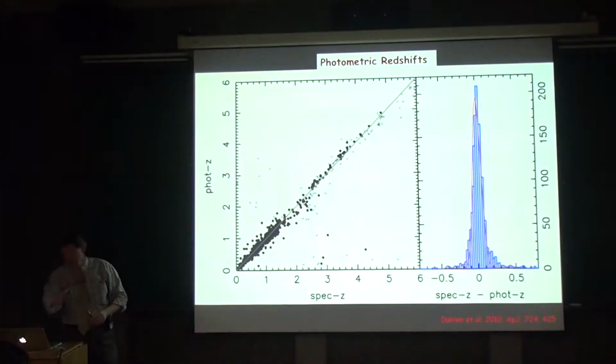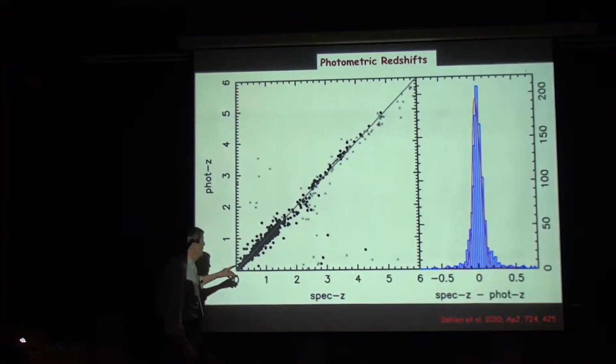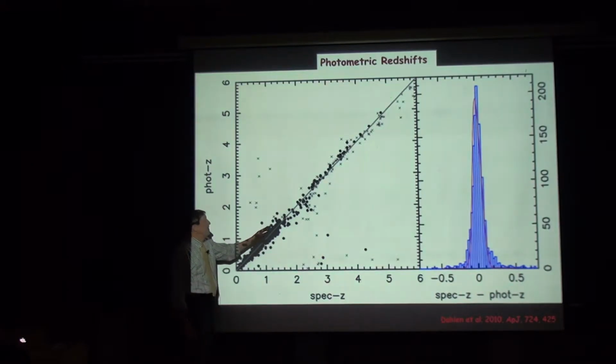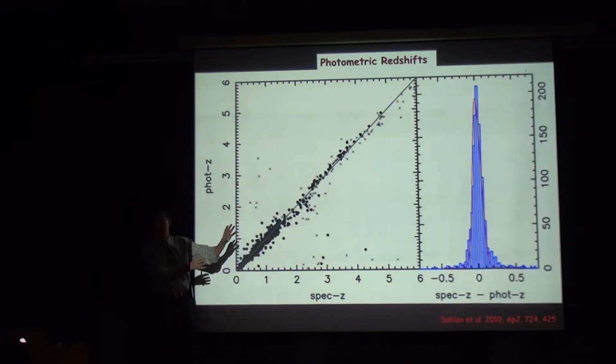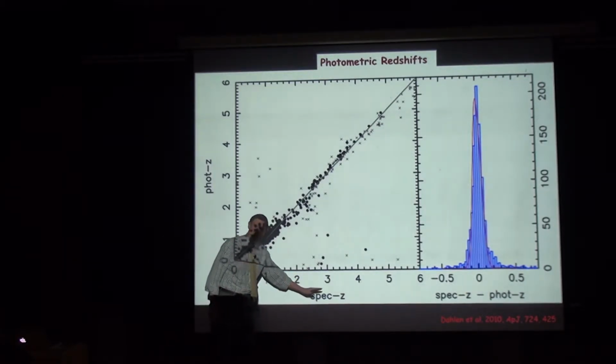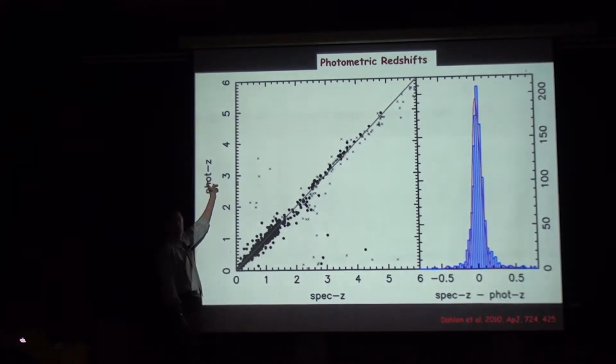And what is amazing is that if you do this, and you actually get spectra for a subset of these things, you find a very good correlation between the actual spectroscopic redshift, by getting the spectrum, and the photometric one.